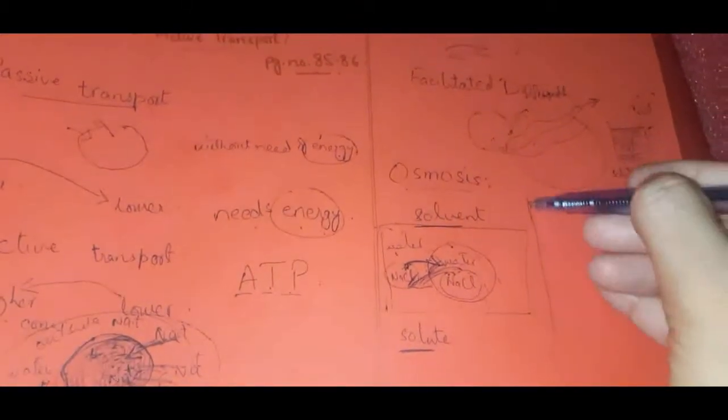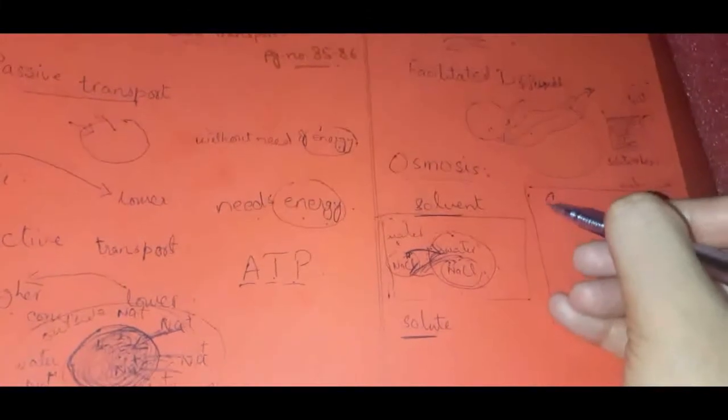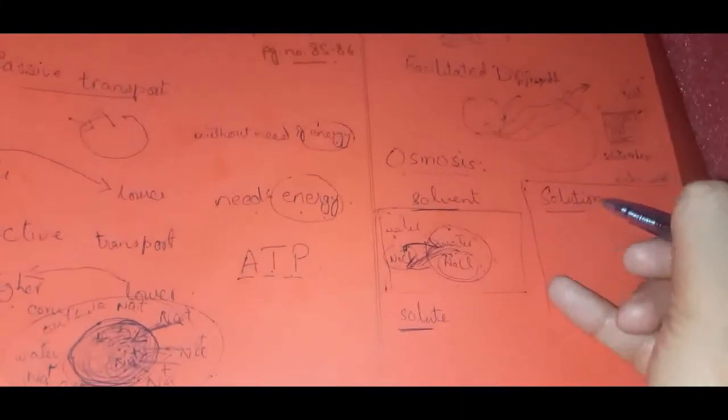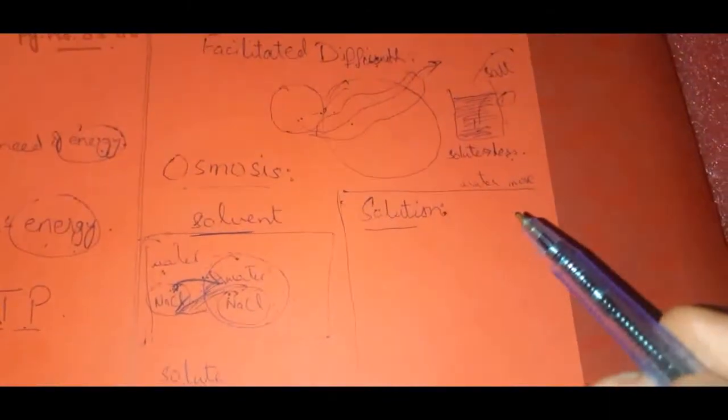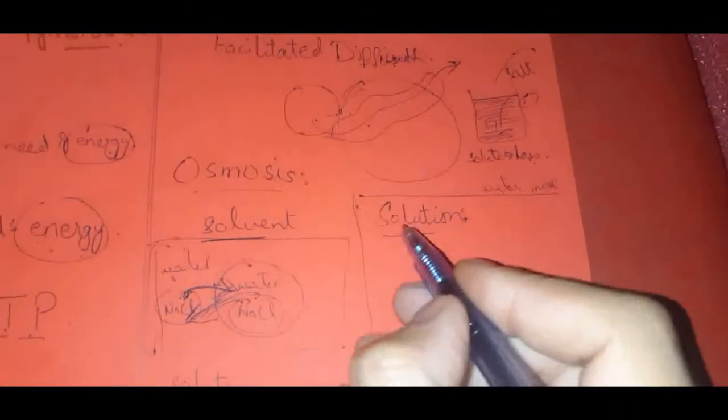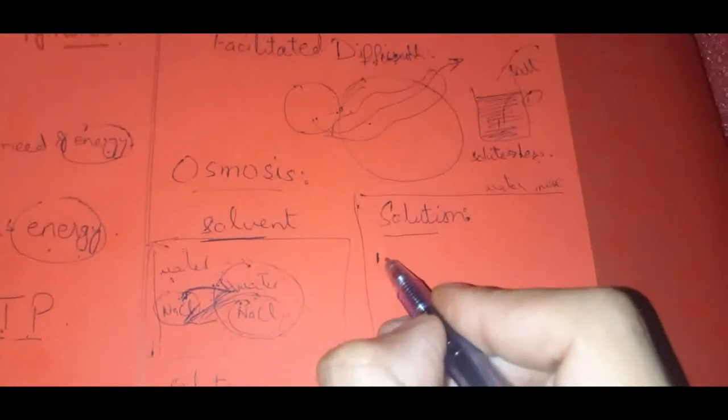That transport, inside or outside, is controlled by the type of solution. So number one, we are going to learn what different types of solution we have. We have three types of solutions in the cells, right?